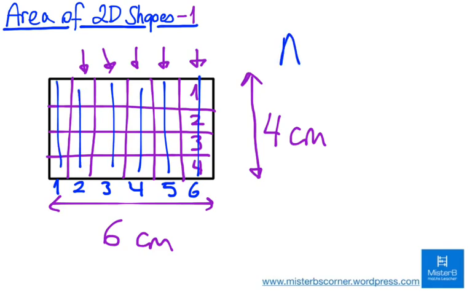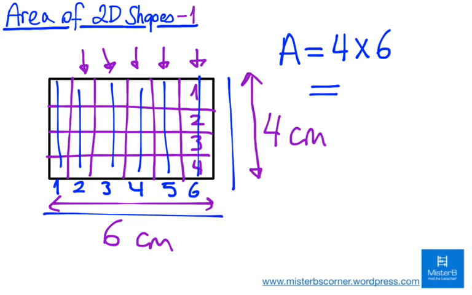That's why when I'm calculating the area, I go 4 times 6, multiplying the side lengths of this rectangle, which I will end up with 24 centimeters squared in this case.